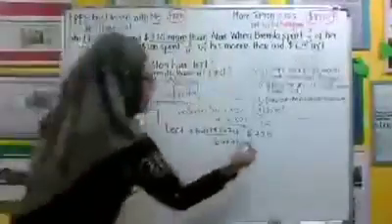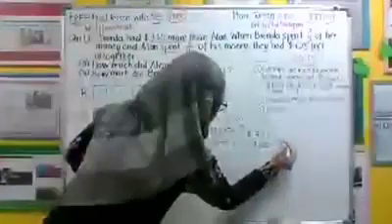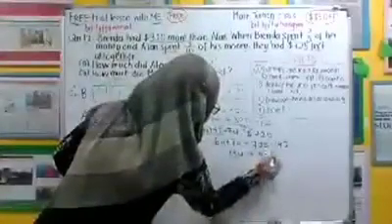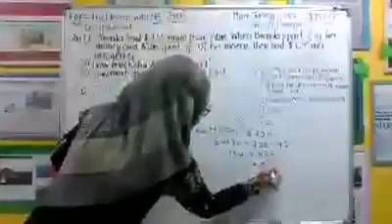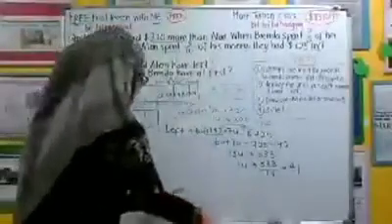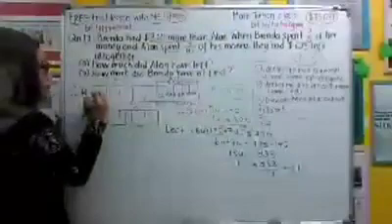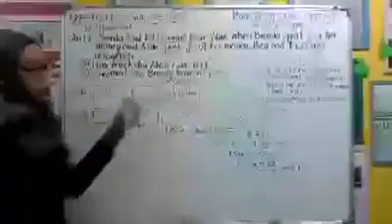It will become 725 minus 192. This one becomes 13 units, representing 533. So 1 unit is 533 divided by 13, which gives me 41. Which means each of these is actually 41, 41, 41, and so on and so on.